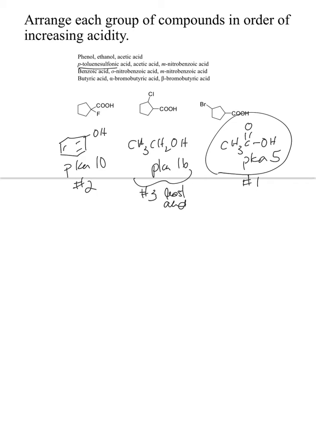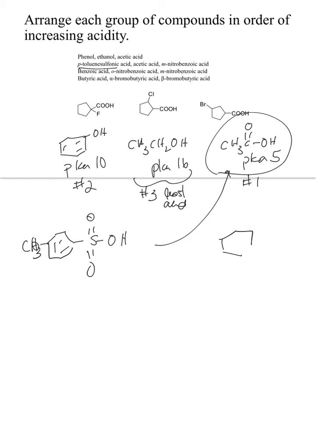Okay, para-toluenesulfonic acid, that's tosic acid, it's a nice organic acid. Para-toluene, CH3. Next one, acetic acid. So here's your acetic acid. And then you have meta-nitrobenzoic acid. So here's your benzoic acid. And then the meta position is right here, and it's nitro.